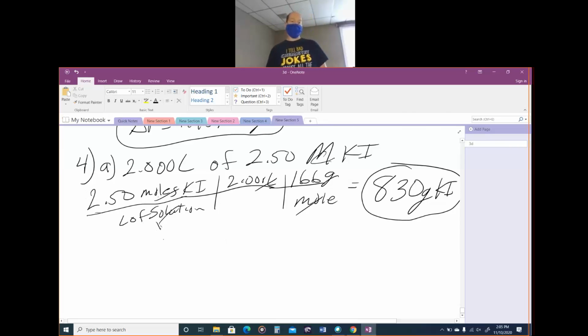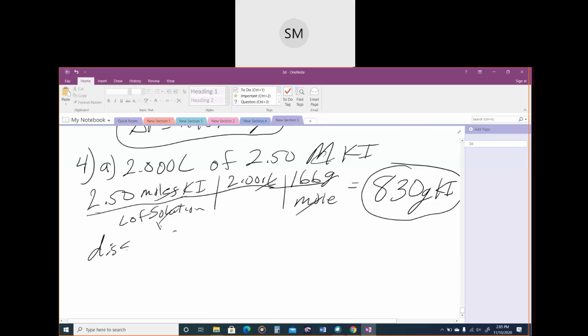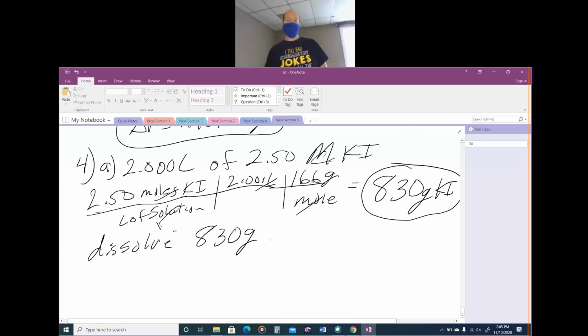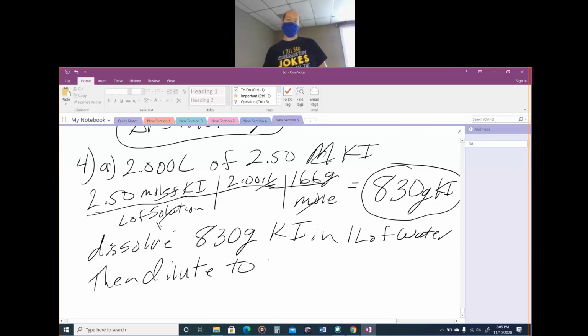So how you would make it is you would dissolve 830 grams of KI in 1 liter of water, then dilute to 2.000 liters with water.